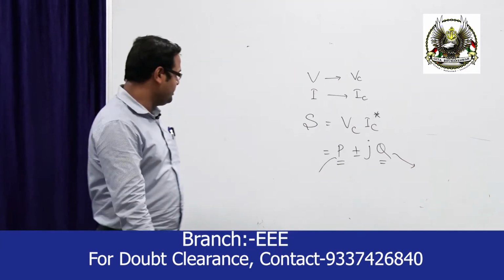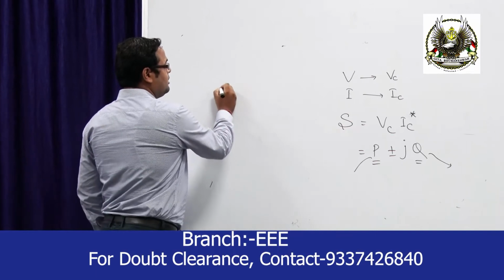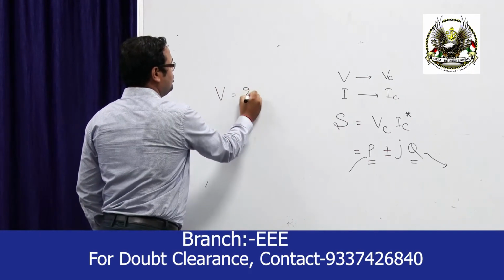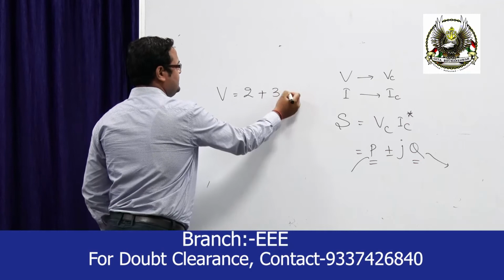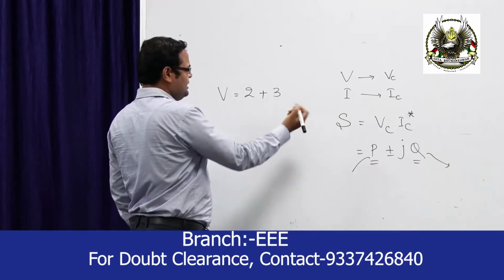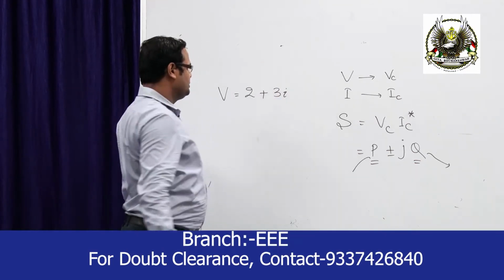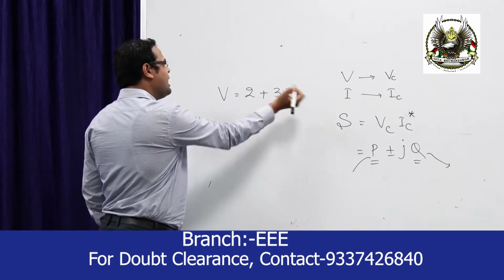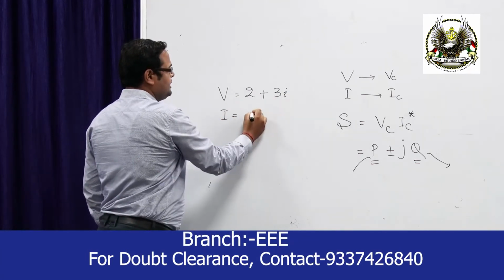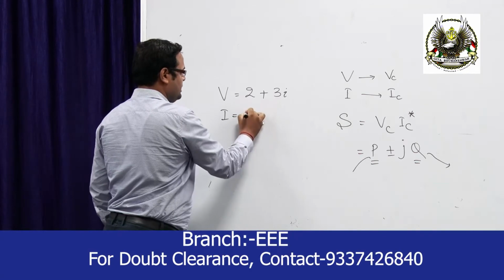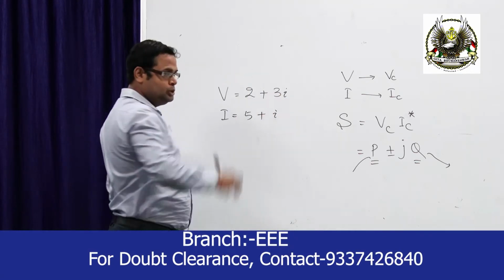Suppose a simple example I am taking, suppose your V is equal to 2 plus 3j. In some books it is given i, in some books it is given j. So, I am taking 2 plus 3j, and I is given as, suppose, 5 plus j.